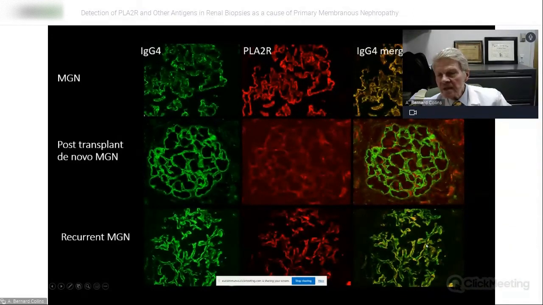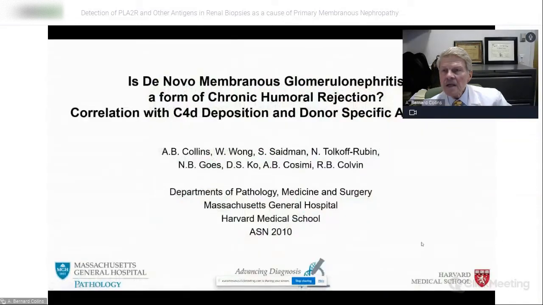I would predict that if you biopsy this patient later, you might see more co-localization, but that's something to keep in mind. One of the things we reported back in 2010 is that de novo membranous is a form of chronic humoral rejection, and it correlates with C4d deposition and donor-specific antibodies.